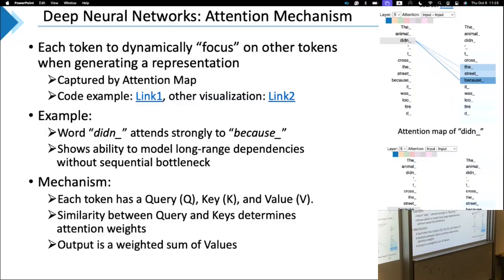For example, when this "didn't" token is multiplied with tokens in other positions, you will realize it has a strong relationship with "because". This means it's able to extract the keywords from different positions relative to your current token.